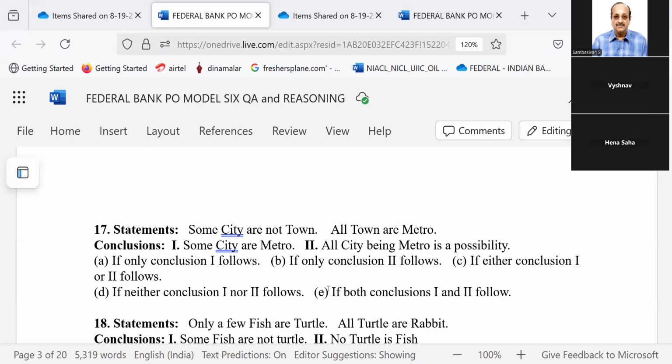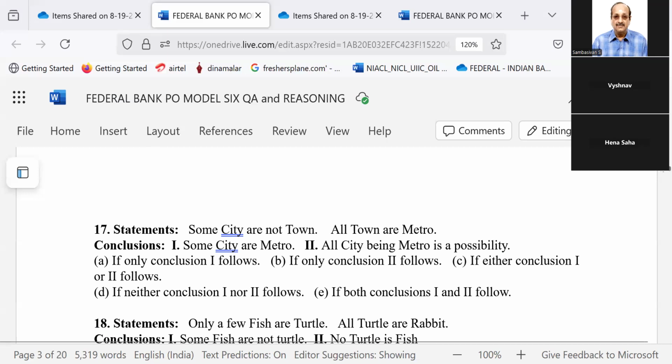Both are wrong, C and E, both are wrong. Sir, can you please explain? Here, 1 minute. In these questions, the drawing of the picture is more important, and if that is drawn correctly, you will get it.